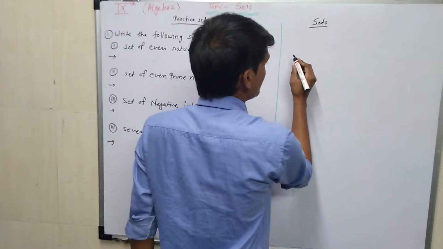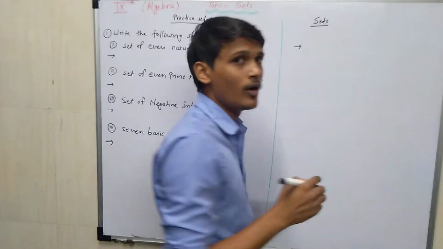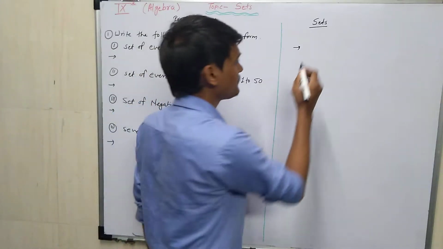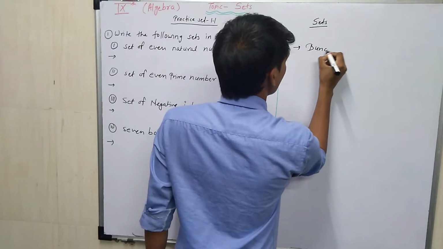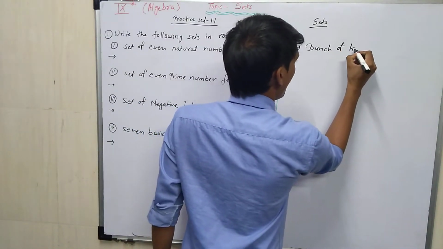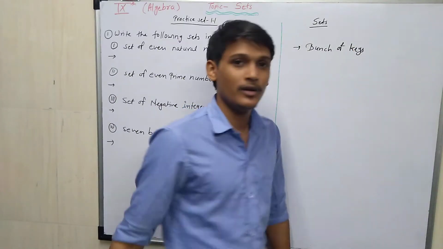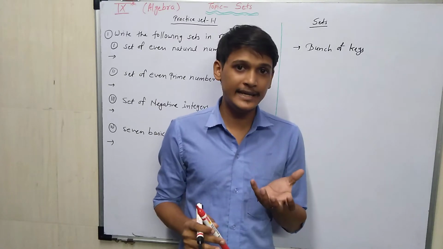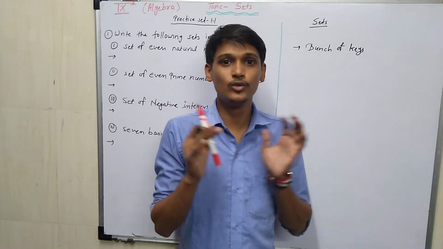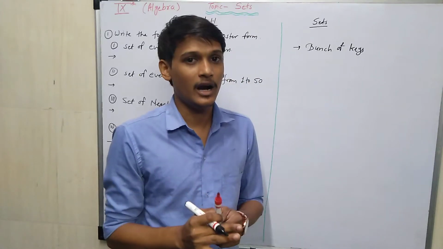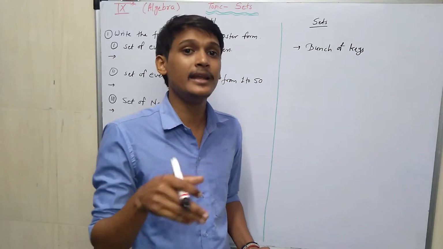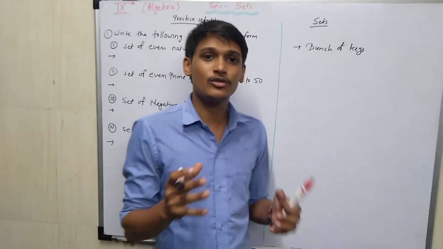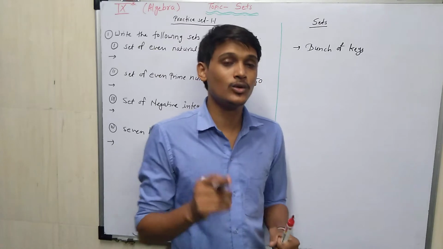Example of a set: a bunch of keys. The bunch having more than one key. A group of keys, what is this? This is a set. Understood? Many numbers, many keys, what is it called? A set.